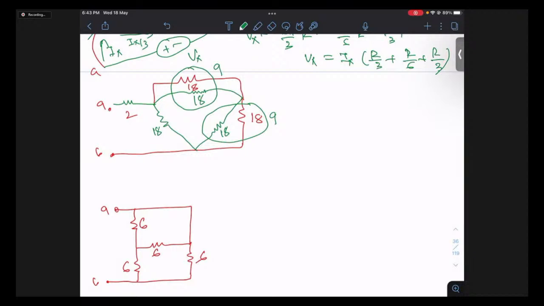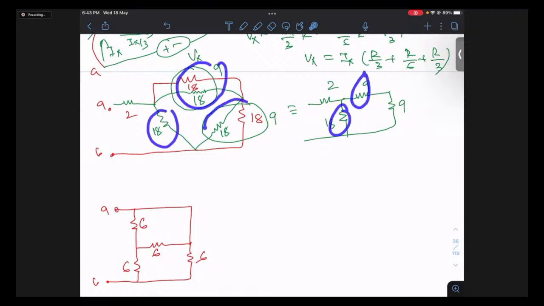Okay, so this circuit can be drawn as: this is 2, this is 18, this is 9, and this is 9. Then you have 18, then you have 9, and again you have this 9.